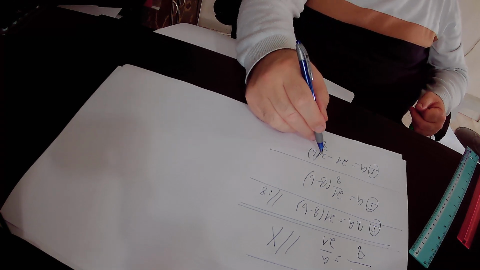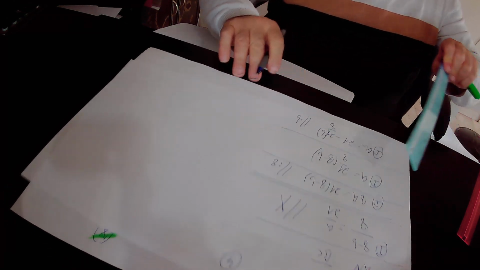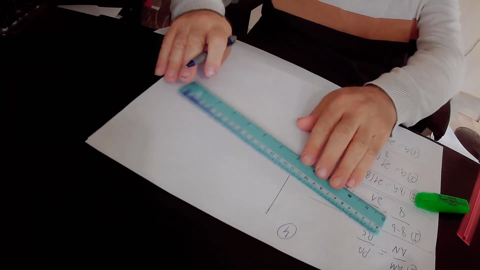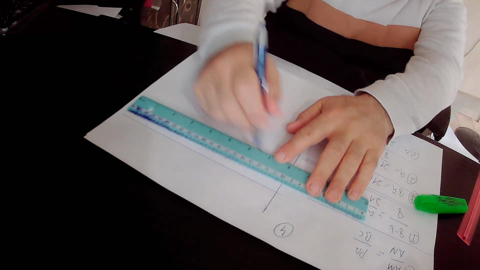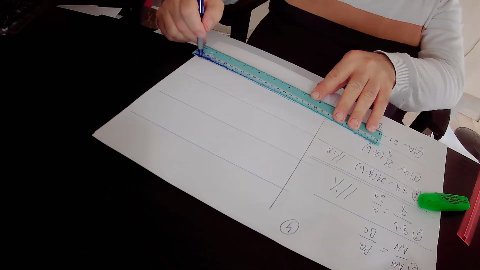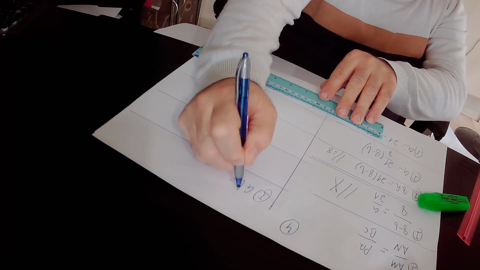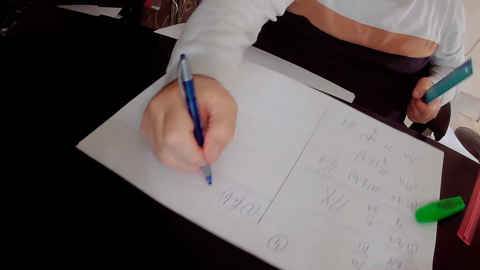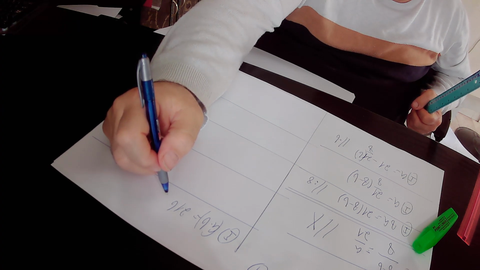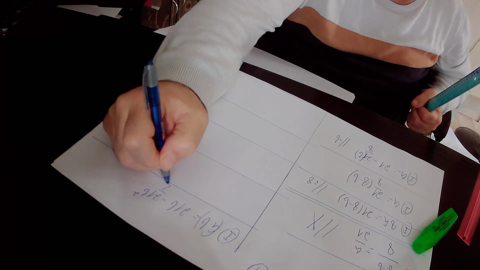So here we will multiply this equation by B, and finally we get that according to this equation, A times B equals 21B, and minus 21B over 8 times B is minus 21B squared over 8.